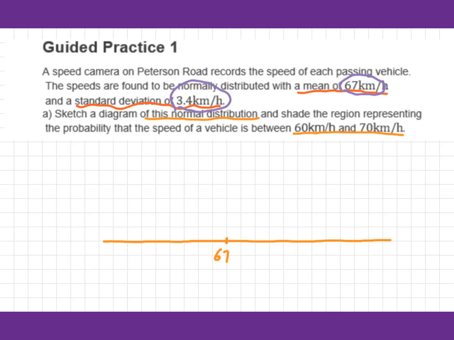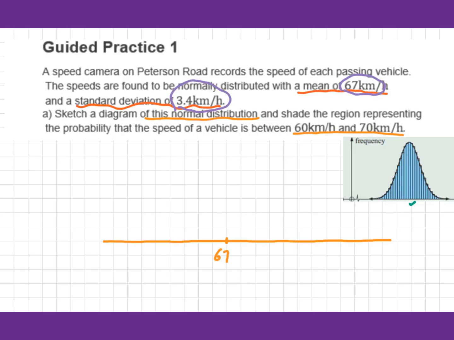When you do a question about normal distribution, focus on those numbers. Which one is mean? Which one is standard deviation? We already know that normal distribution graph is bell-shaped, like this.